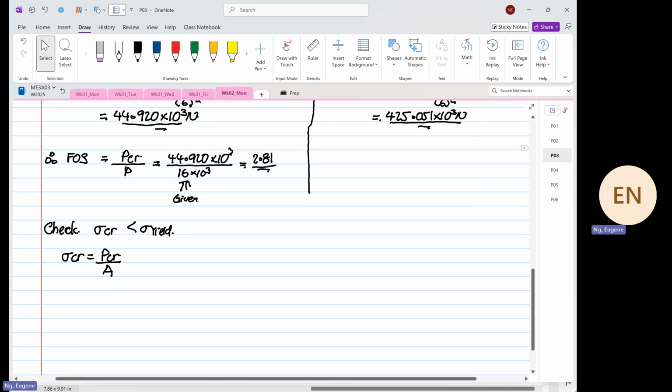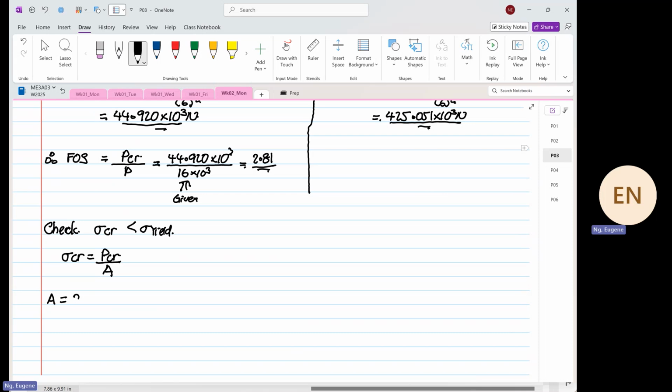So let's look at the area. The area is twice of 9.5 multiplied by 80 plus 120 multiplied by 9.5. This is for the flange, and over here, this is for the web.